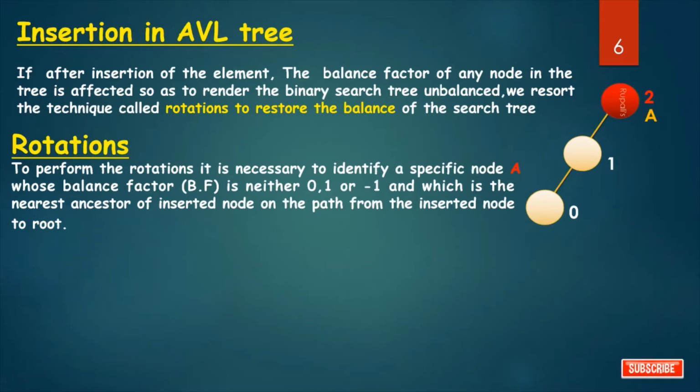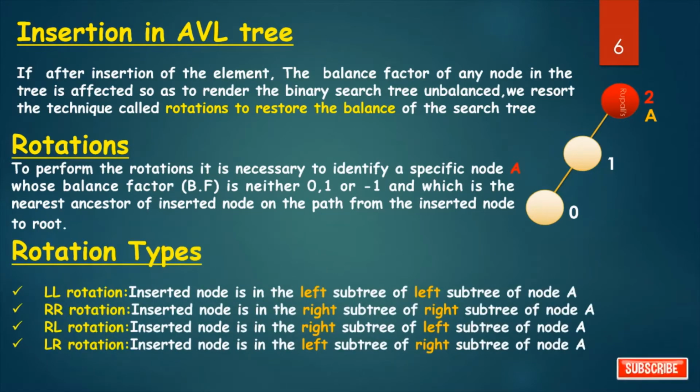So which is the nearest ancestor of the inserted node on the path from the inserted node to the root? This one is the nearest ancestor of this node on the path from the inserted node to the root. I have to identify this node first.